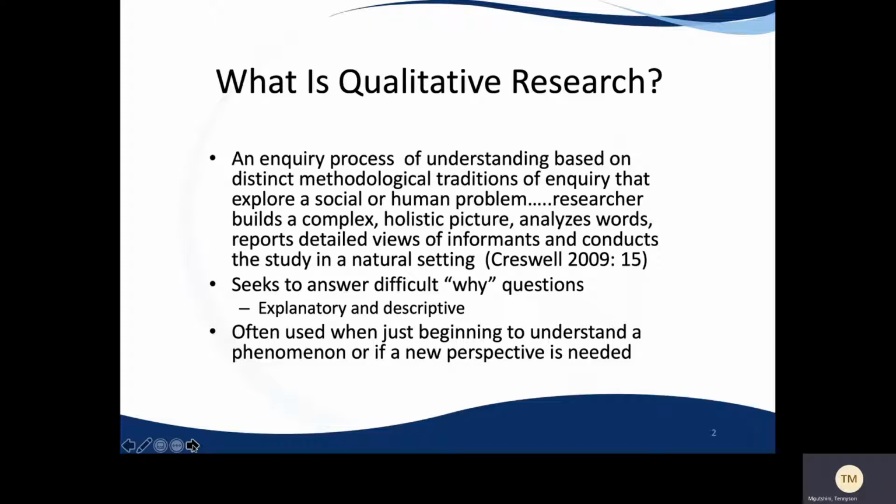By comparison, quantitative research is generally when the important variables are already known and the researcher is just exploring causality above all.